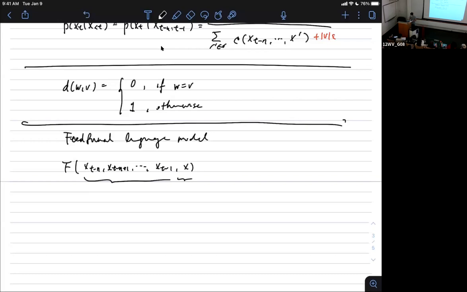We know how the score is often computed. In this particular case, we're going to have the class embedding that corresponds to the word that follows, transpose, some representation of the input, which is x_{t-n} all the way to x_{t-1}, plus a bias associated with this class, that is the next word.